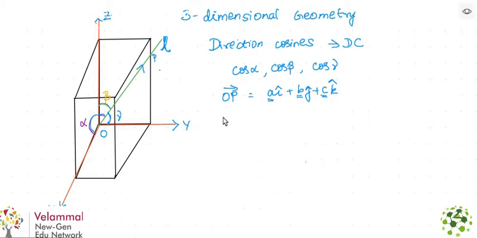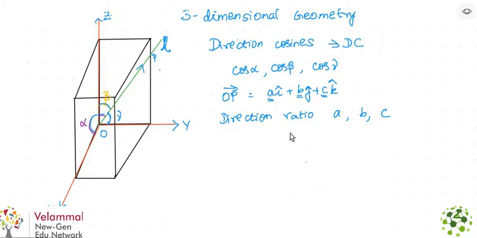Agree with me or not? So what is the direction ratio? Direction ratio is nothing but the coefficients of i, j and k. Means how far you go along the x-axis, how far you go along the y-axis, how far you go along the z-axis. That is the direction ratio.